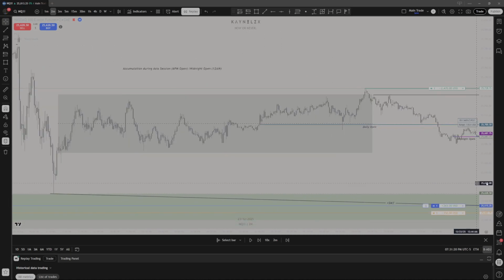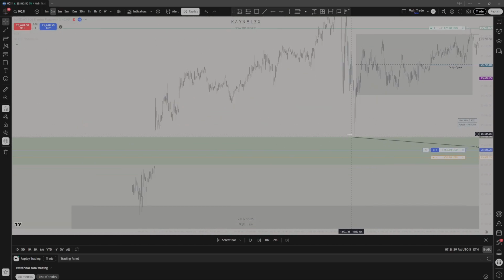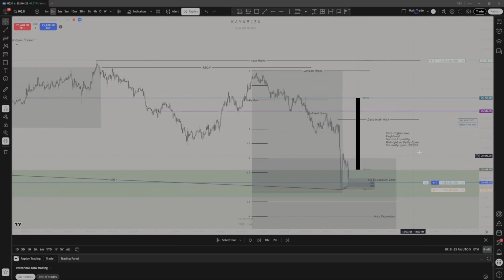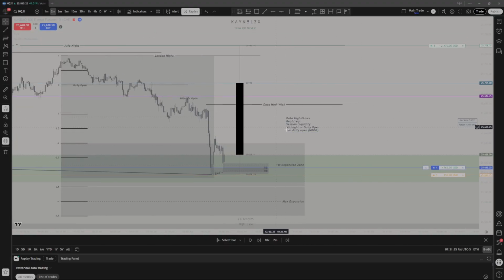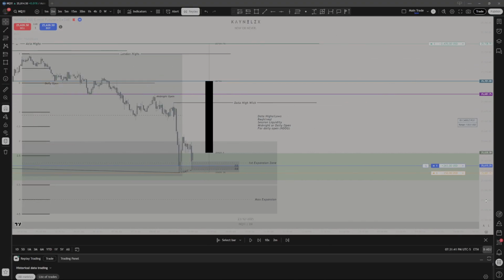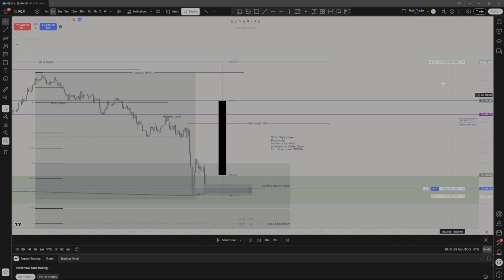You wouldn't trade to this because there's no actual huge gap. If it was a huge gap like the new week opening gap like this, then yes, you could trade to it. So these would be your take profits. Me personally, I like to go for the data high wick today since it's December, holiday week. You don't want to be aiming for the stars.